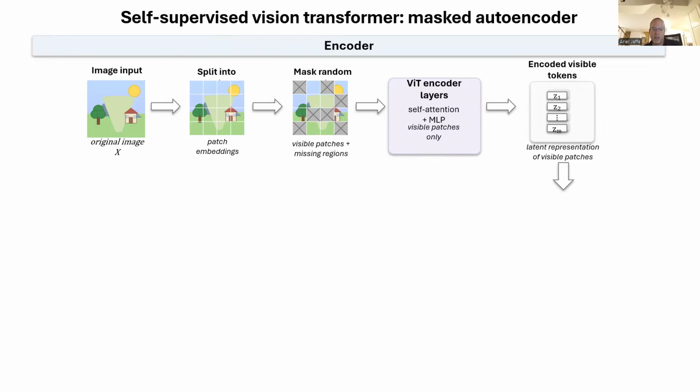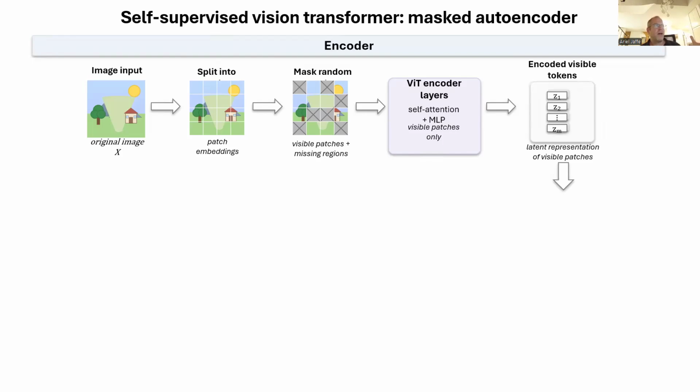This is maybe the main task here. So we have the original image and a masked image, where different tokens or patches are masked out, and we train the network to recover the full image.